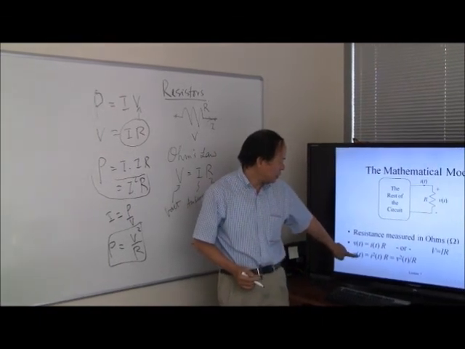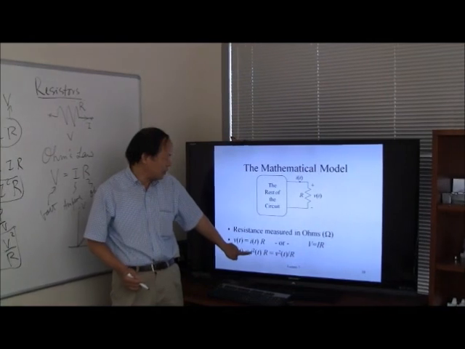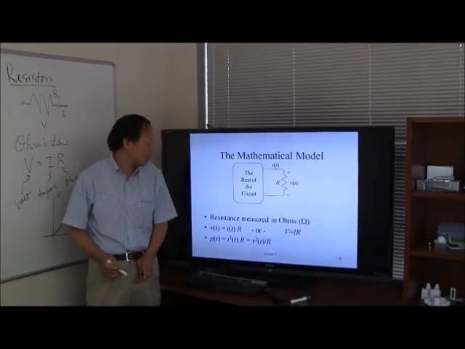So you have P as a function of time equal to I squared R, or equal to V squared divided by R.